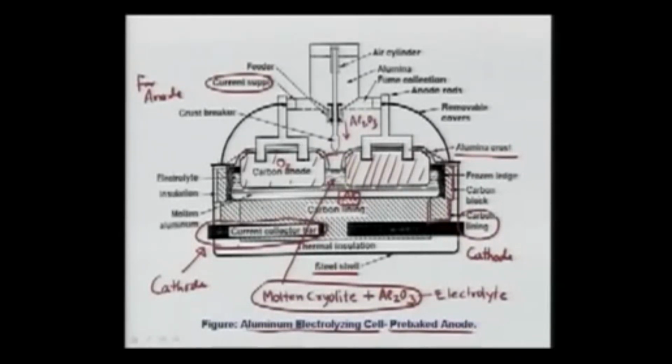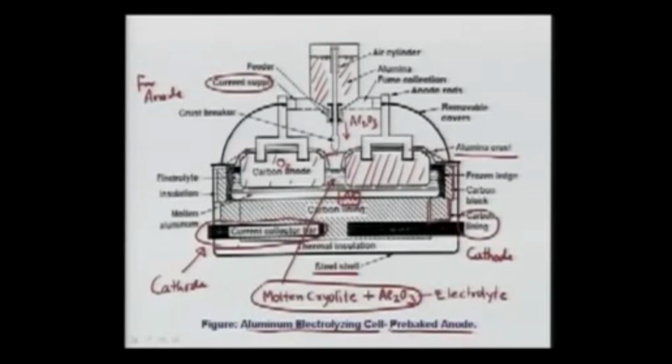And then whenever you want to supply Al2O3, what you do is you bring what is called a crust breaker, you break the crust and put the alumina down there. The whole thing is filled with Al2O3.